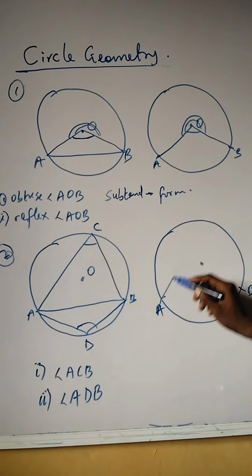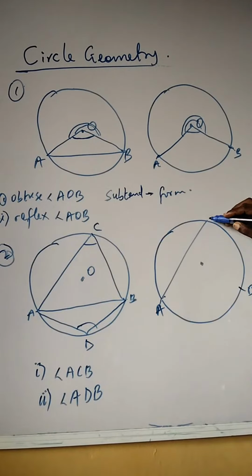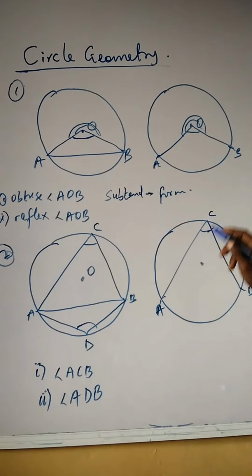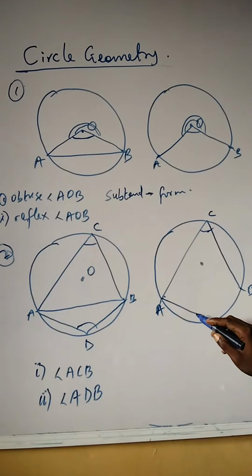This arc also forms this angle at the circumference at this part, and we label it as C as well, and also forms this angle at the other side, and we can label this as D. So having the understanding of this will make the theorem easier for us.